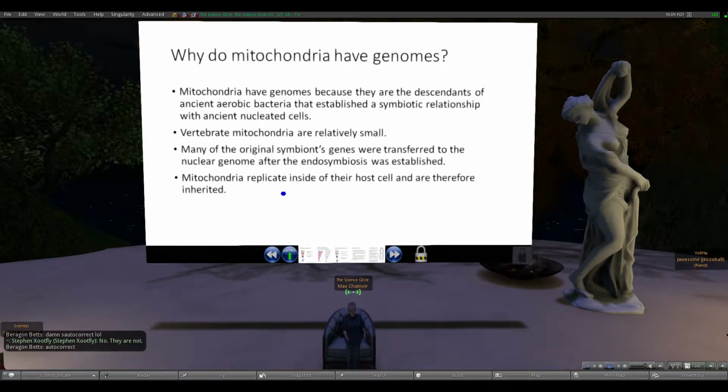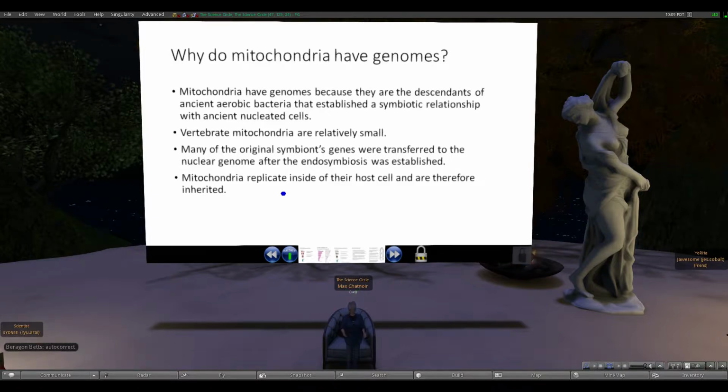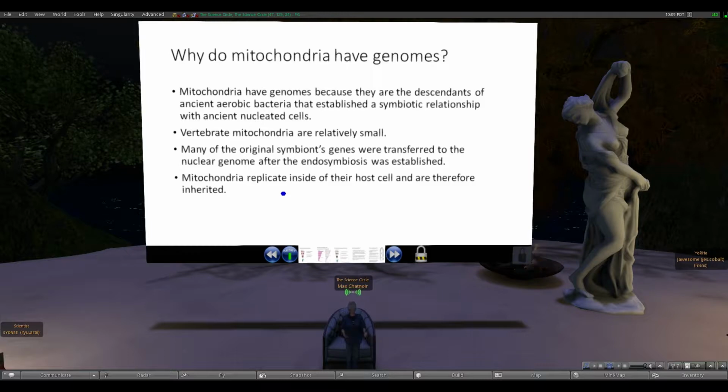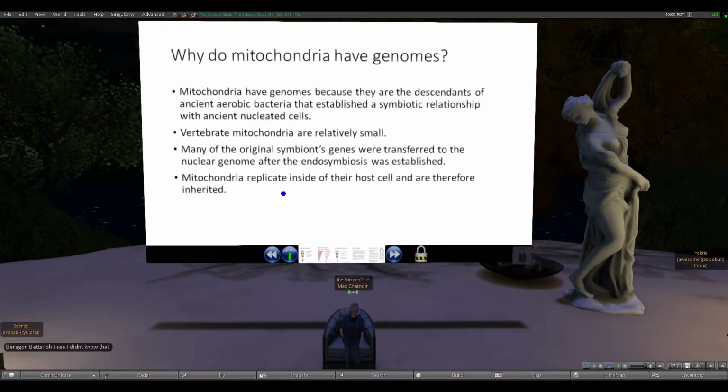When they became endosymbionts, they transferred a lot of their genes to the nuclear genome. So the mitochondrial genome is quite small, although in some organisms it's a lot bigger. For example, in the flowering plants, the muskmelon genome has about 2,400,000 kilobases of DNA, but mitochondrial genomes in plants are strange in ways that we're not going to talk about today.